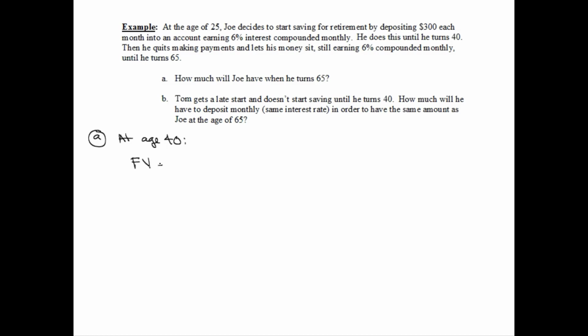So that is future value equals payment times 1 plus I to the n minus 1 all over I. Okay, and so my I is R over M, so that is 0.06 divided by the number of compounding periods, which is 12.